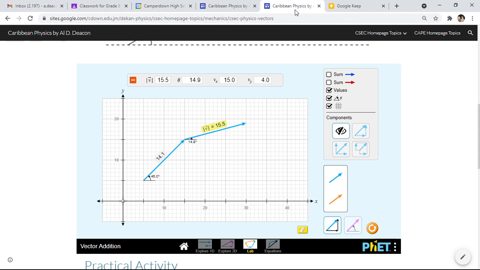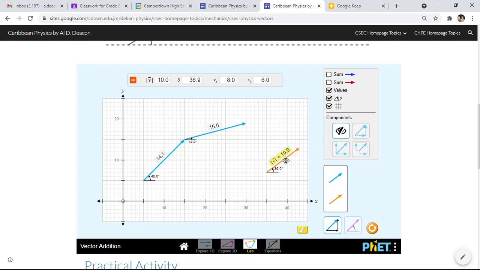So let me just go back over here. I just grab the next vector. First I need to find 45. I need to get 45 degrees.